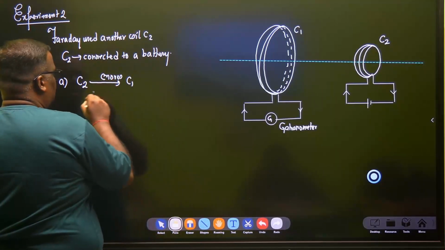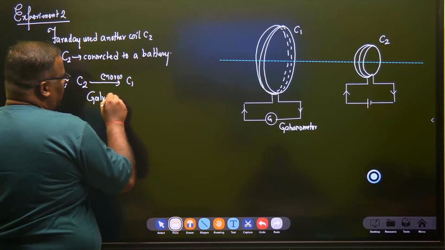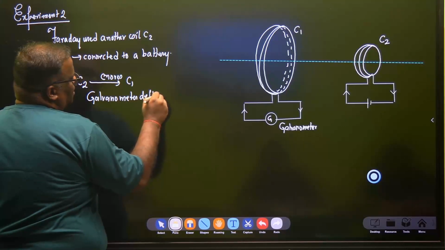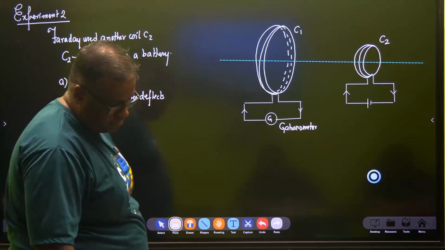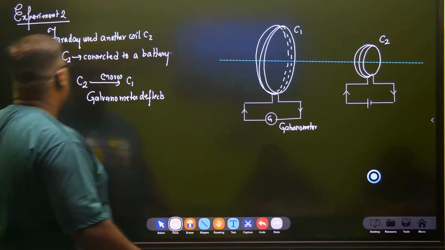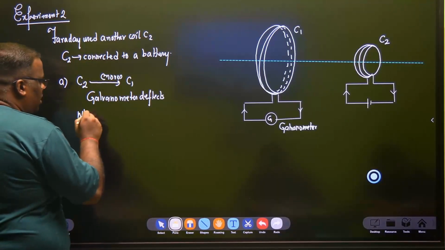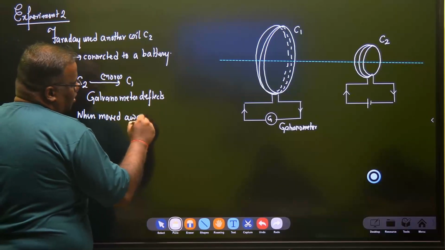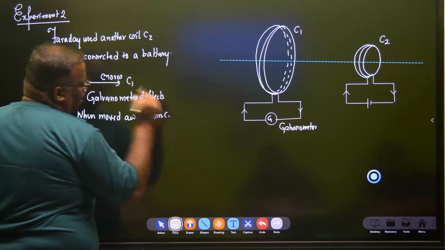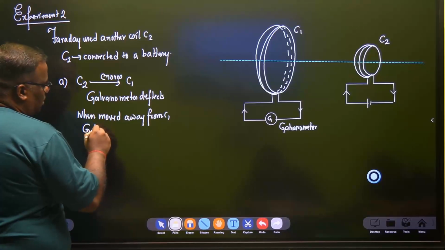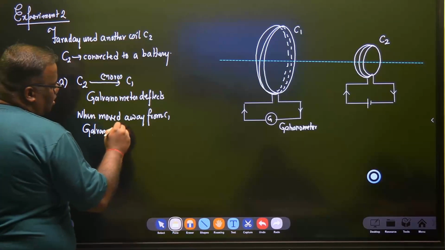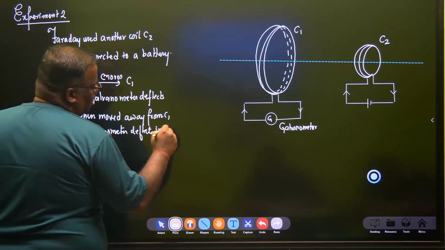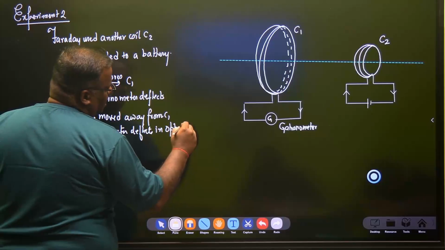Our observations are galvanometer deflects. All right. And when C2 is moved away from C1, galvanometer deflects in opposite direction.